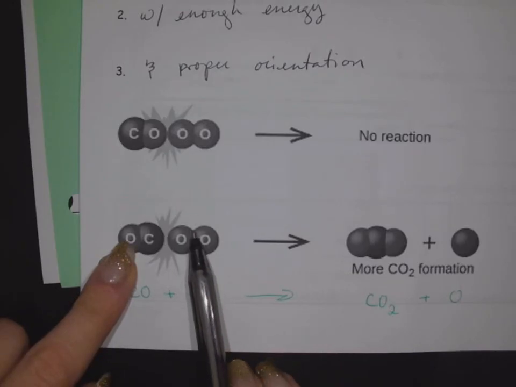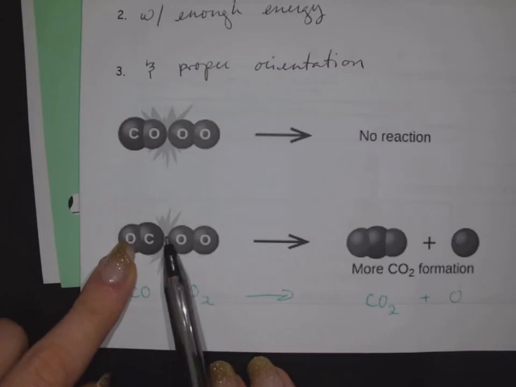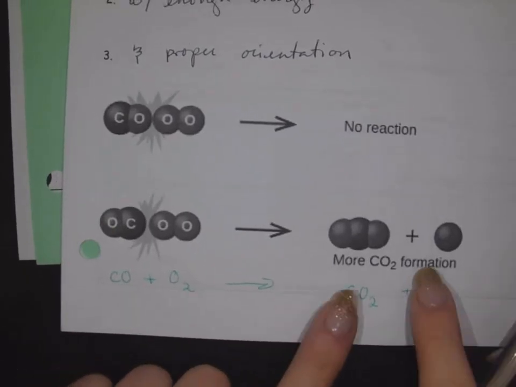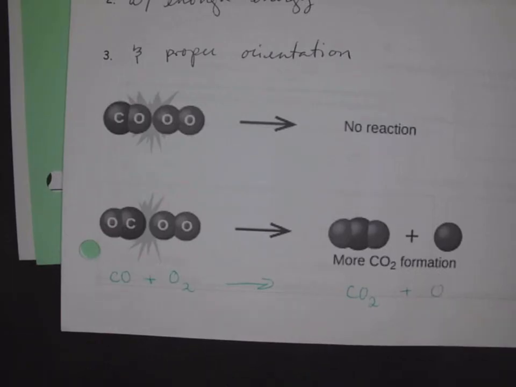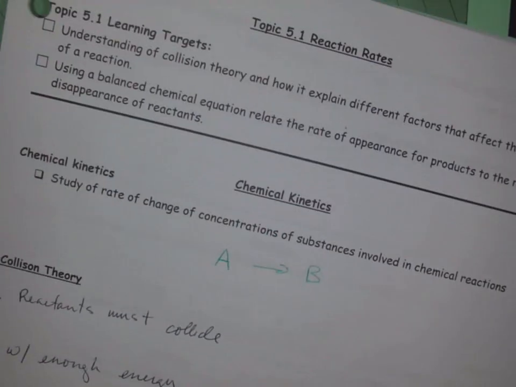There's enough energy to break this bond, and proper orientation to form that bond, and so we end up with these products. So again, collision theory: reactants must collide, with enough energy and proper orientation.